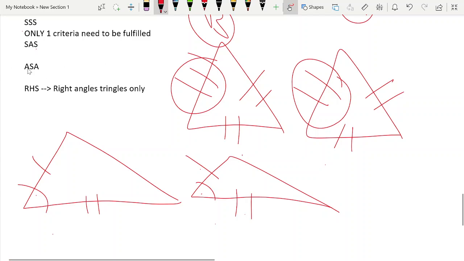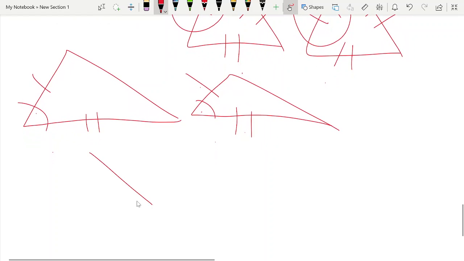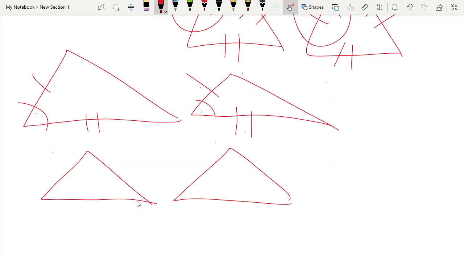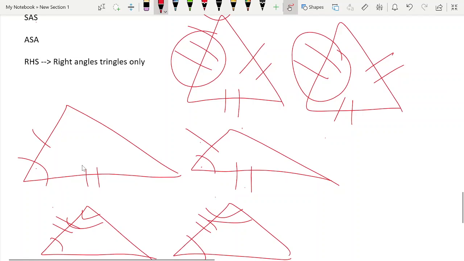Then you've got ASA, which is angle, side, angle. If this angle is equal to this angle, and this side is equal to this side, and this angle is equal to this angle, it means that these two triangles are congruent as well. And also we've got RHS.